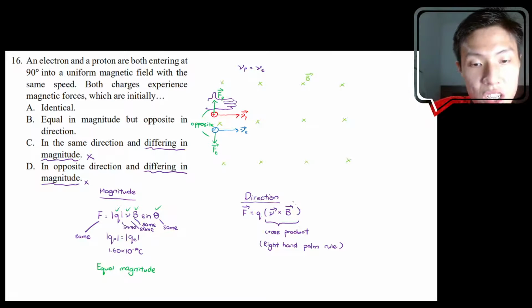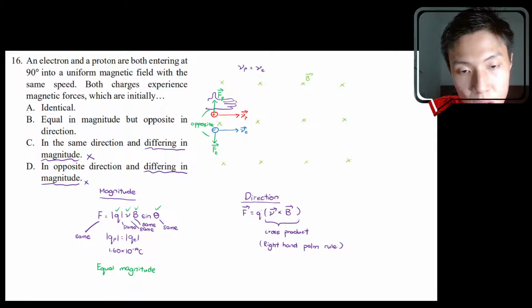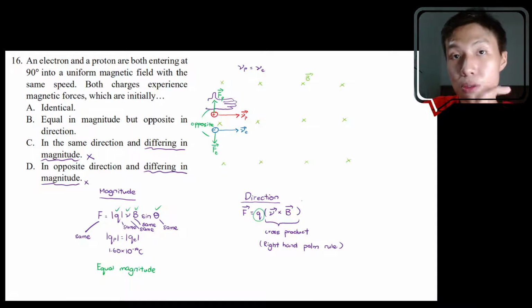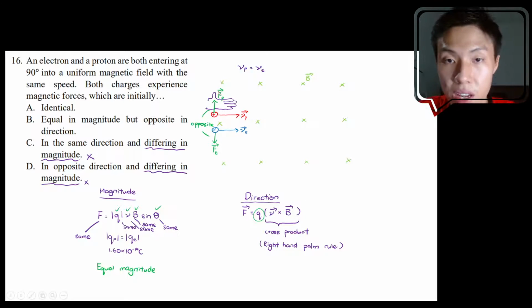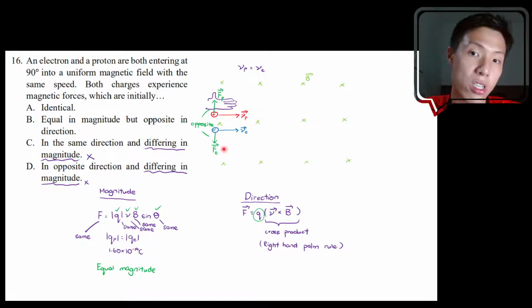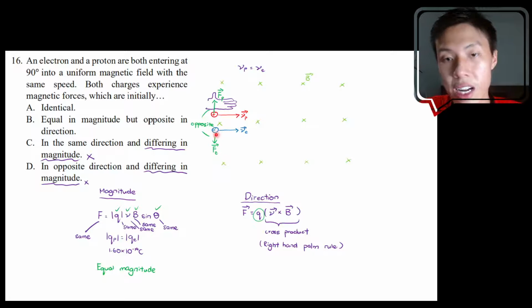Okay, the direction wise, because they have different charge, then this Q over here can be positive and negative, then you flip the direction. Okay, I won't go too much about the equation. I'll just use right hand rule to explain it. So we have mentioned just now, using right hand rule, if it's a negative charge, you flip the direction that you find. That's why it's in the opposite direction.